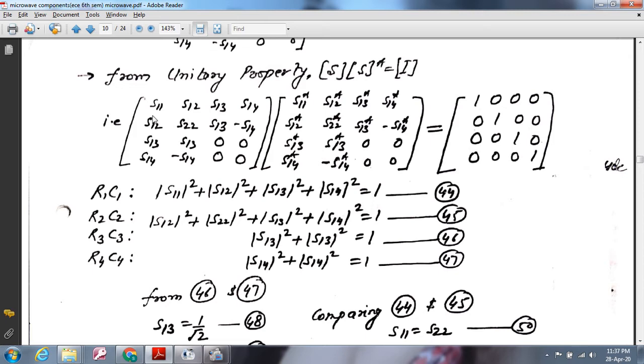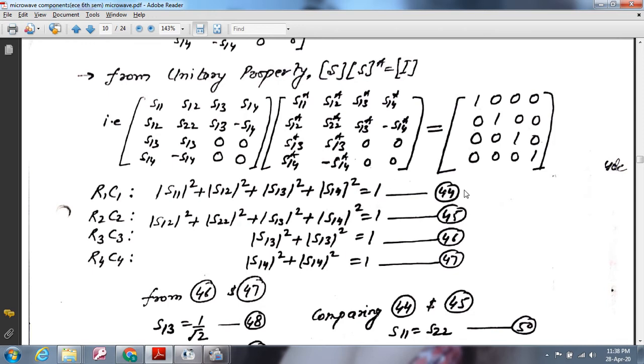So R1C1 is S11 into S11 star plus S12 into S12 star plus S13 into S13 star plus S14 into S14 star. And here I have directly written S11 square plus S12 square plus S13 square plus S14 square equals 1.